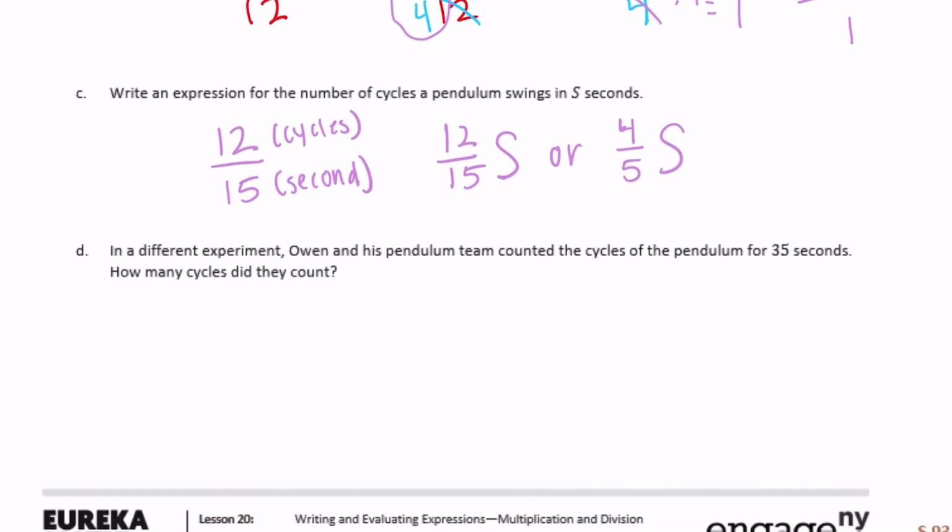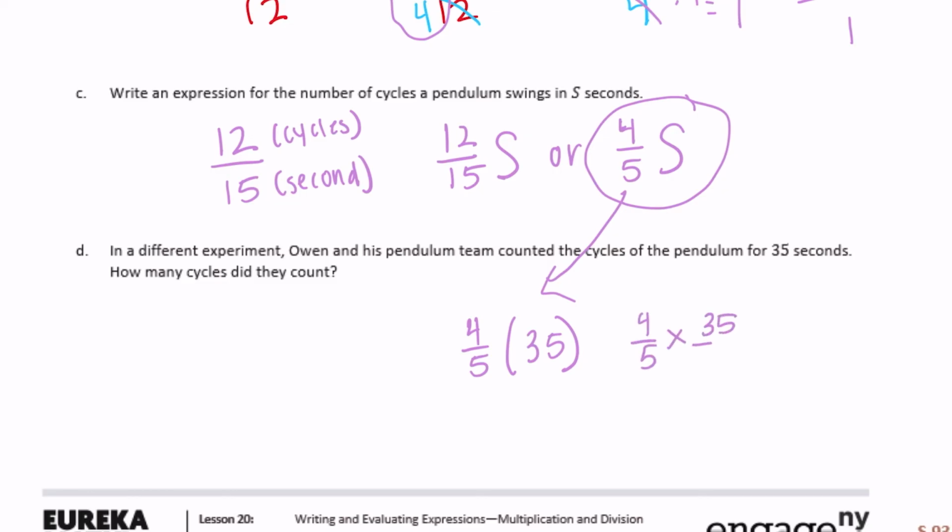D. In a different experiment, Owen and his pendulum team counted the cycles of a pendulum for 35 seconds. How many cycles did they count? So I'm going to take this expression and use it to do 4/5 times 35, which would be 4/5 times 35 over 1.